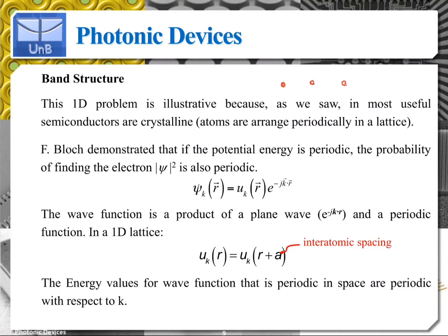And therefore the wave function psi associated with wave vector k, psi of k at position r, is going to be given by the product of a periodic function, which is this u of k here. So the electron is subjected to the potential energy, which is periodic. The wave function is going to be given by this.